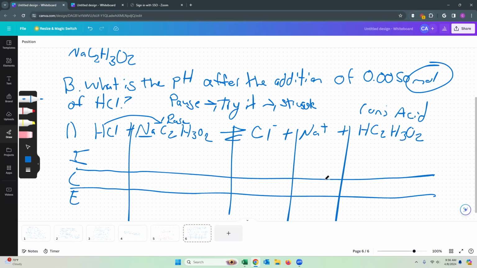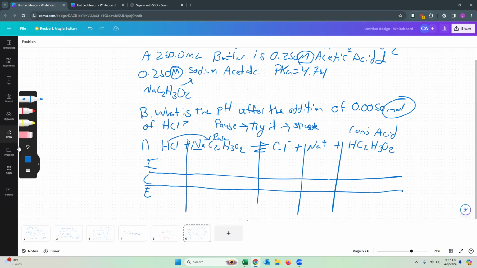So what I'm going to do first is convert HCl to molarity. So that's kind of a hidden step there. It's tricky, but just remember, keep everything in the same units. So HCl, we have 0.0050 moles of HCl. And the problem says our solution is 0.250 liters or 250 milliliters.